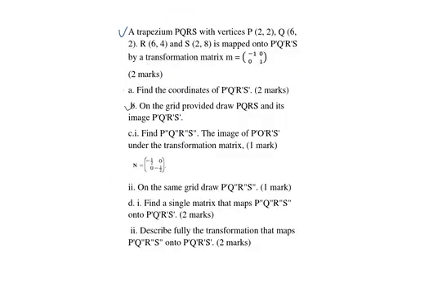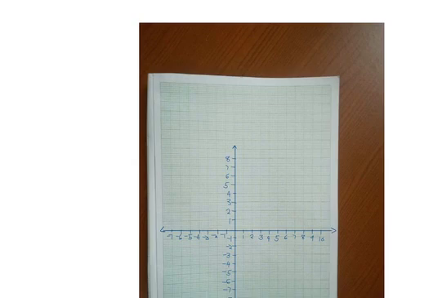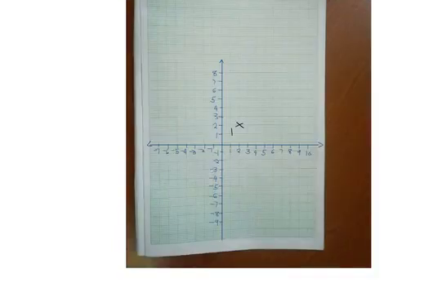Part B, we are told on the grid provided draw PQRS and its image, that is P', Q', R' and S'. So we have our grid here. We will plot the coordinates of P which is (2,2), that is P. Q is (6,2).